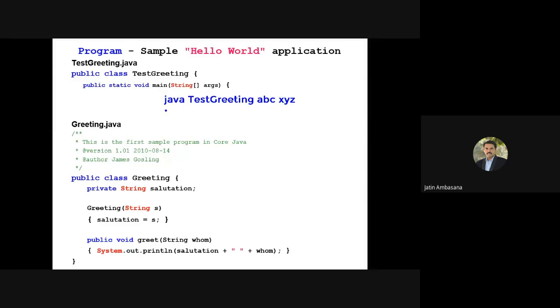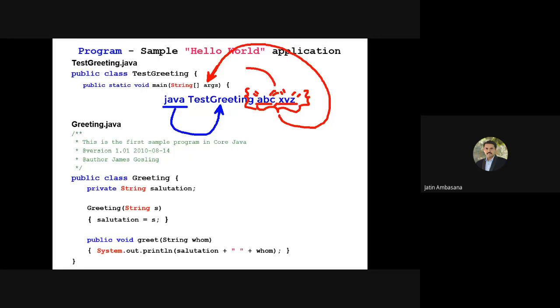So what happens is, this java command will invoke this class and will pass these values over here as an array of strings. This is the first string, this is the second string. In this way, two strings are created, an array of them is created, okay, and that array is given over here to this args.